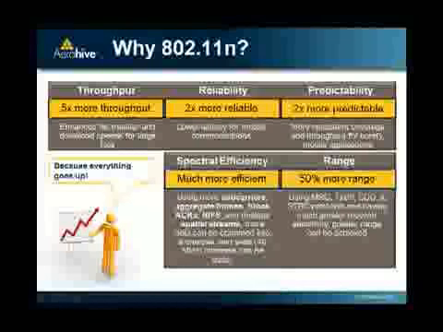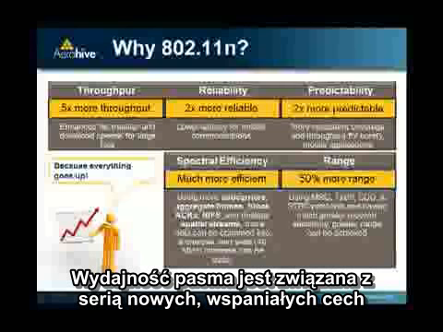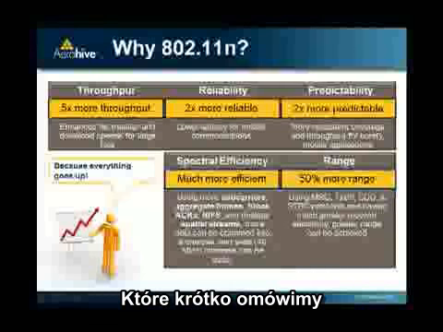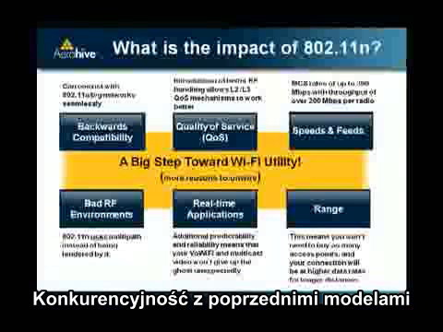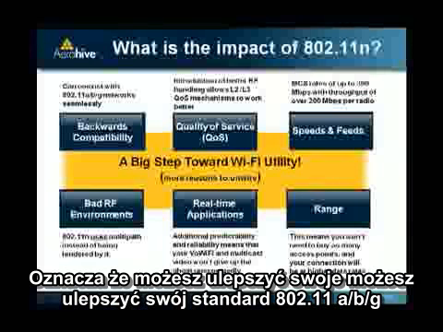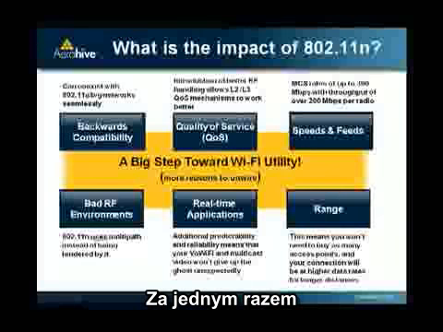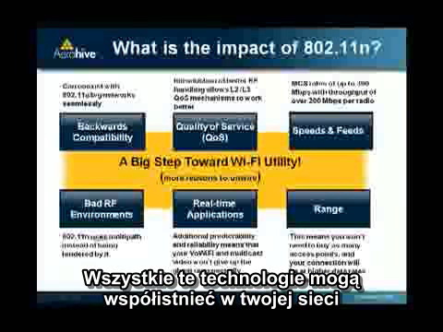This spectral efficiency stems from a series of new PHY and MAC layer features that we'll discuss shortly. Backward compatibility means that you can upgrade your network from 802.11a or BG to 802.11n a step at a time, where both technologies exist in your network simultaneously.